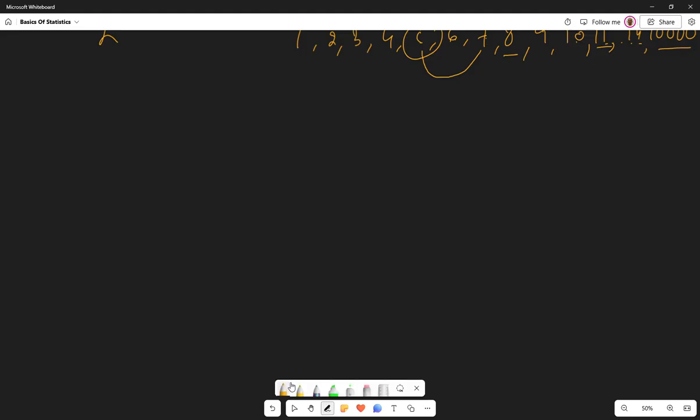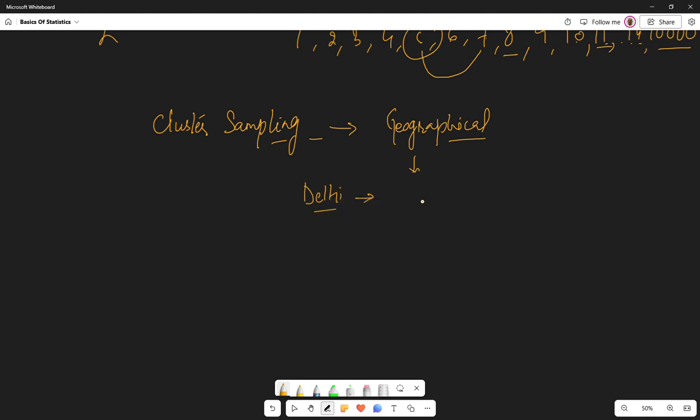Next type of sampling is cluster sampling. Cluster is because of some geographical aspect. So if I have some geographical importance in my data, then I go for cluster sampling. Suppose I say Delhi. Delhi has a lot of pollution, so I'm talking about cities with the highest pollution.